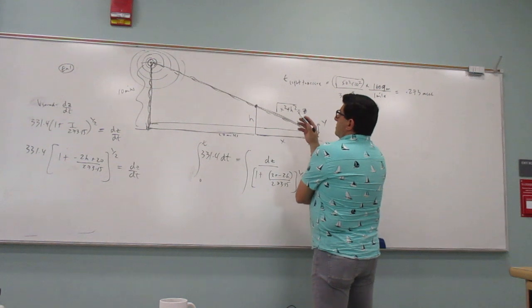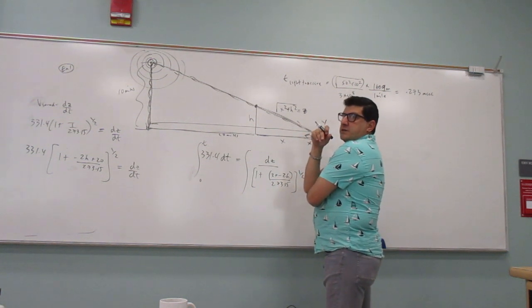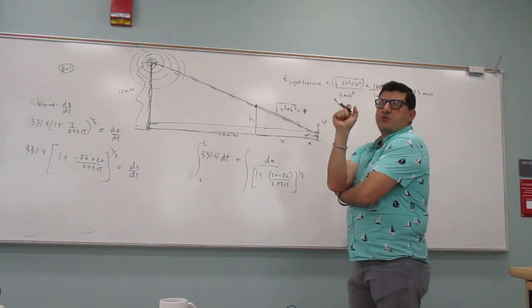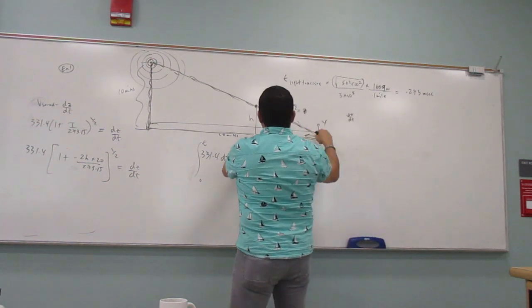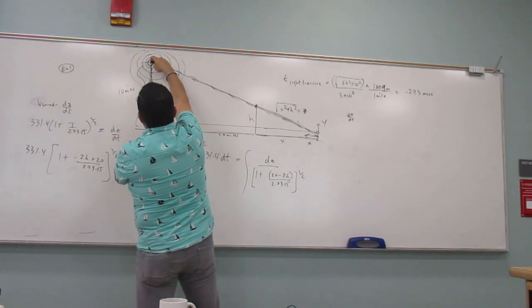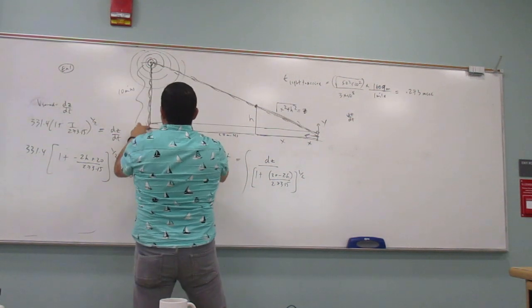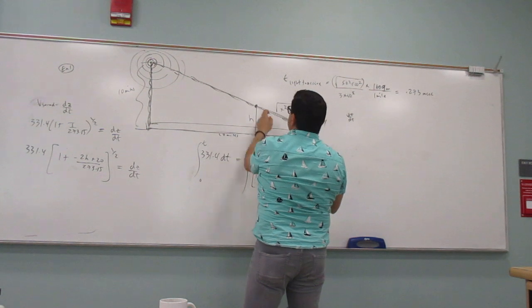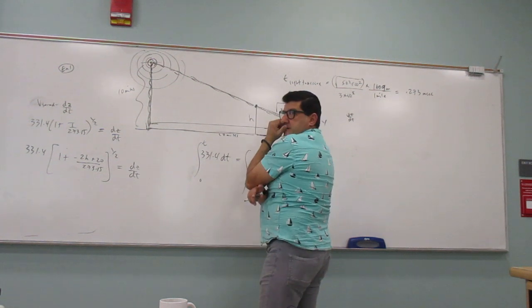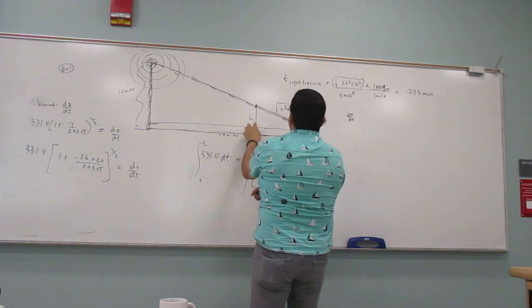I can make a ratio, I'm thinking. Isn't this the same thing as in Calc 1 where you make a ratio with similar triangles? You can say this distance to this distance is the same as this to this.